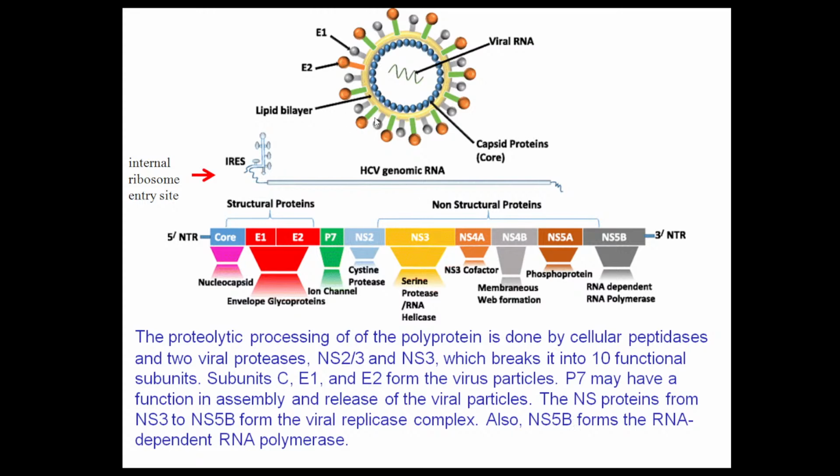It is not shown, it is found here. Then non-structural proteins from NS3 to NS5B form the viral replicase complex and are important in viral genome replication. NS5B forms the RNA-dependent RNA polymerase that is responsible for viral genome replication.